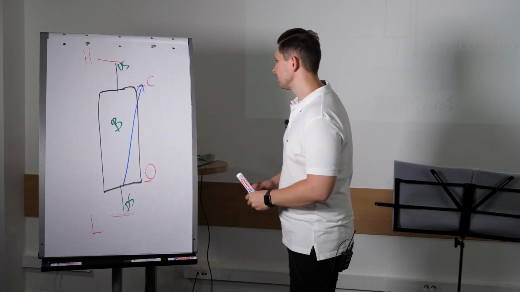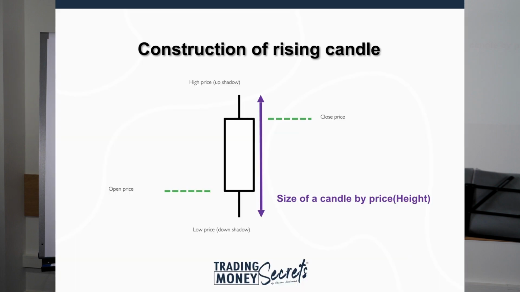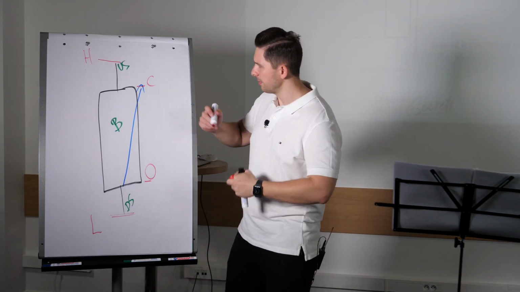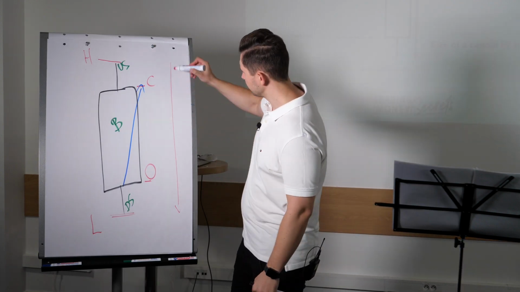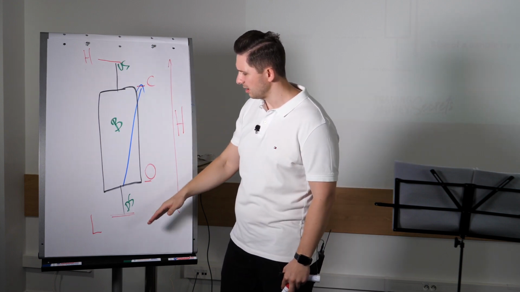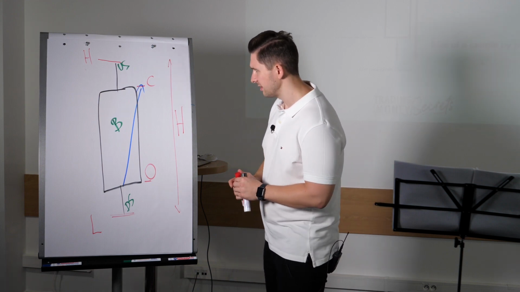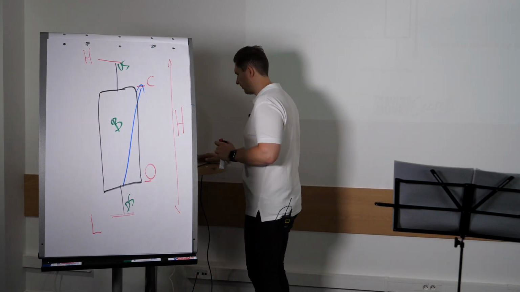What is more, as you can see on the presentation, the size of the candle, I mean the height of the candle formation, is from the top, from the high to the low. This is the distance between high and low, and this is in pips. How many pips does this candle formation have?